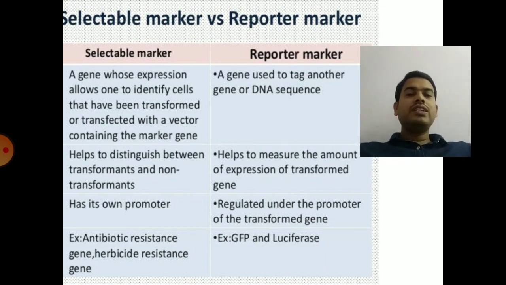So the next topic is selectable marker versus reporter marker. You have used some resistance markers for the identification process between transformed and non-transformed cells. These markers are of two types, selectable marker and reporter marker.